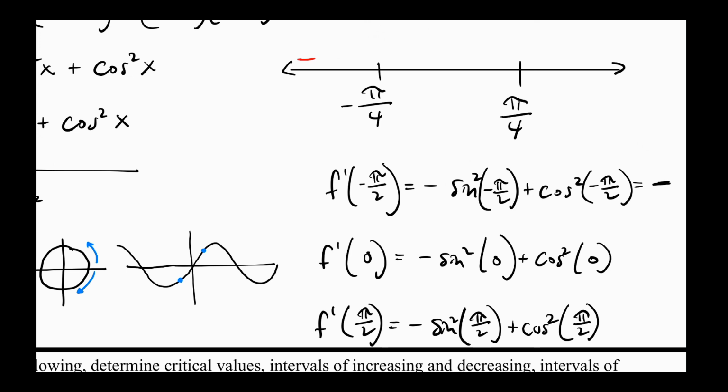So negative is going to be here. All right, 0 is on my chart. Sine of 0 is 0, squared is 0, times negative 1 is 0. Cosine at 0 is 1. 1 squared is still 1. So you have 0 plus 1, which is positive.